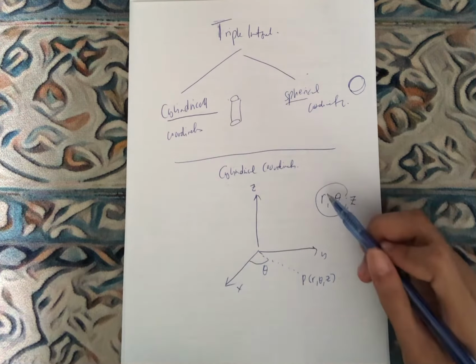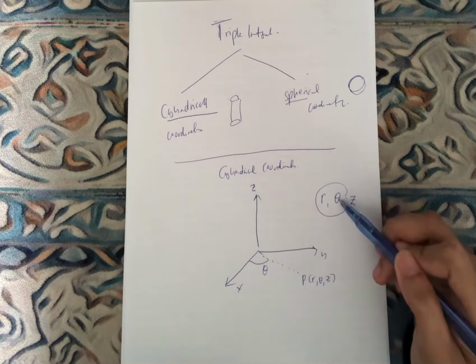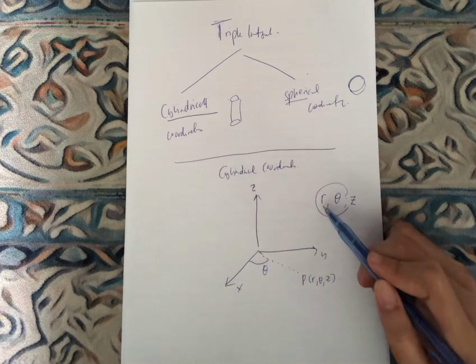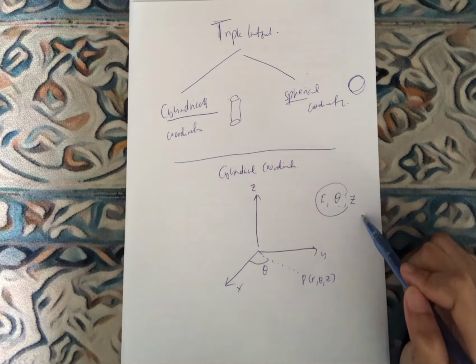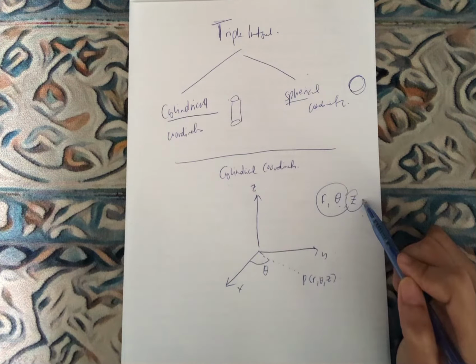For double integral before, we only had r and theta, but now it's a triple integral, so it must have 3 variables: r, theta, and z. r and theta are polar coordinates that you learned in the polar integral in double integral before this, and z is the rectangular vertical coordinate here.